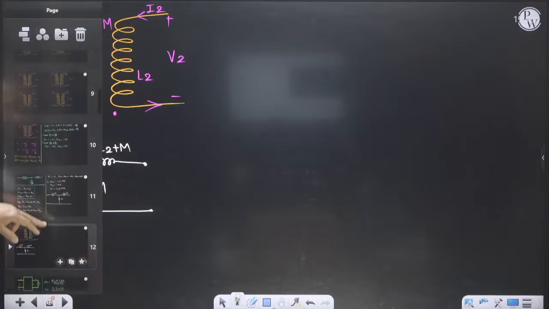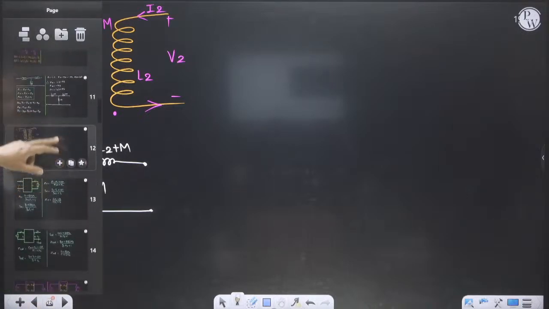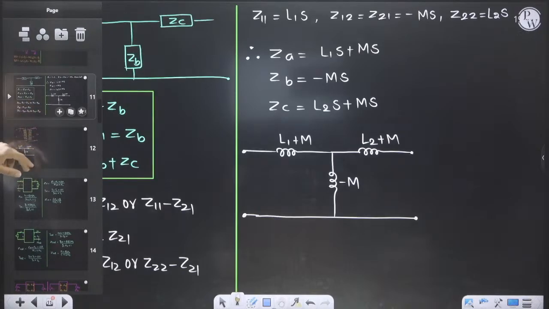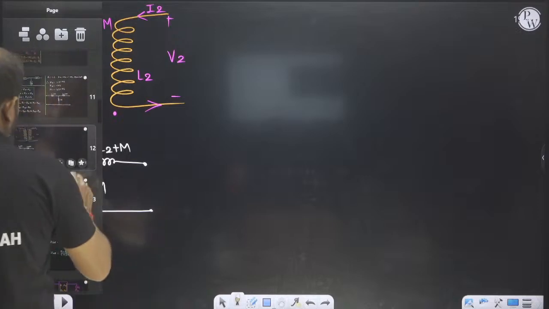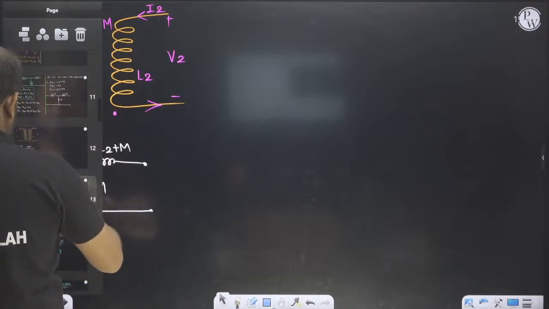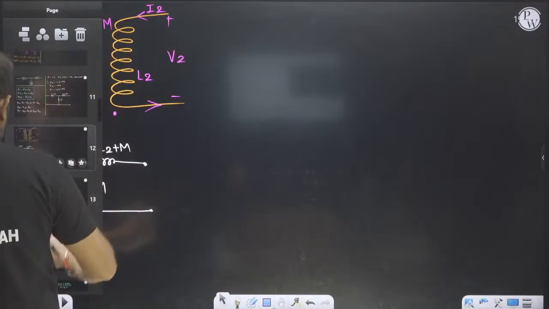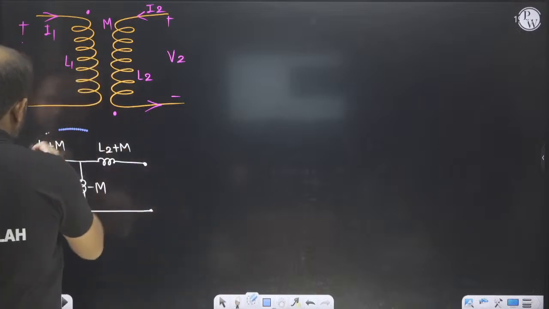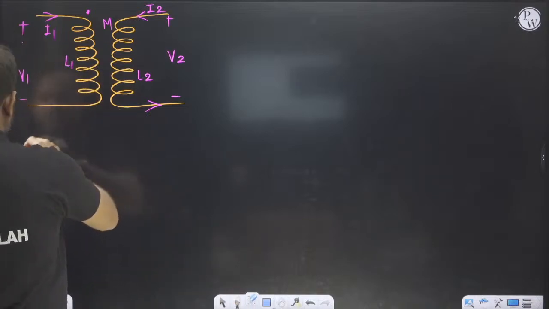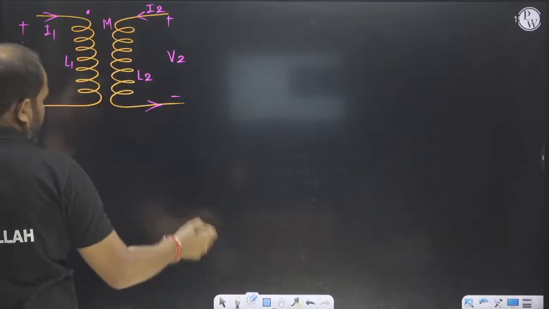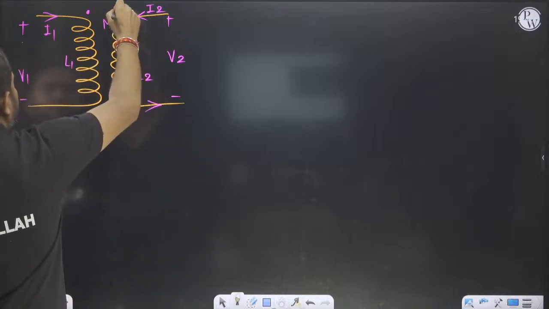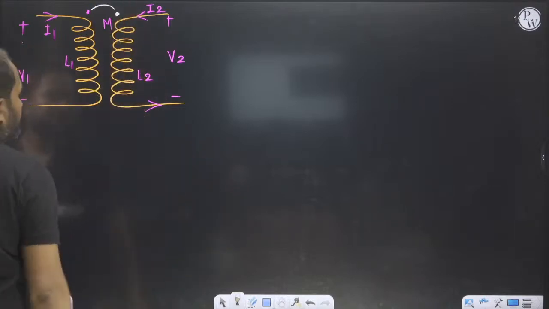Then we have the second case, plus M. What will it be?